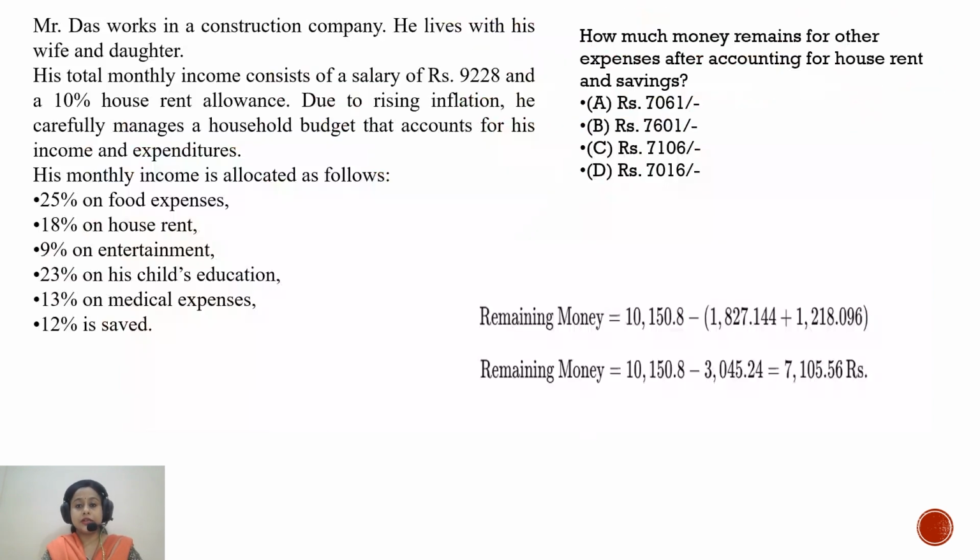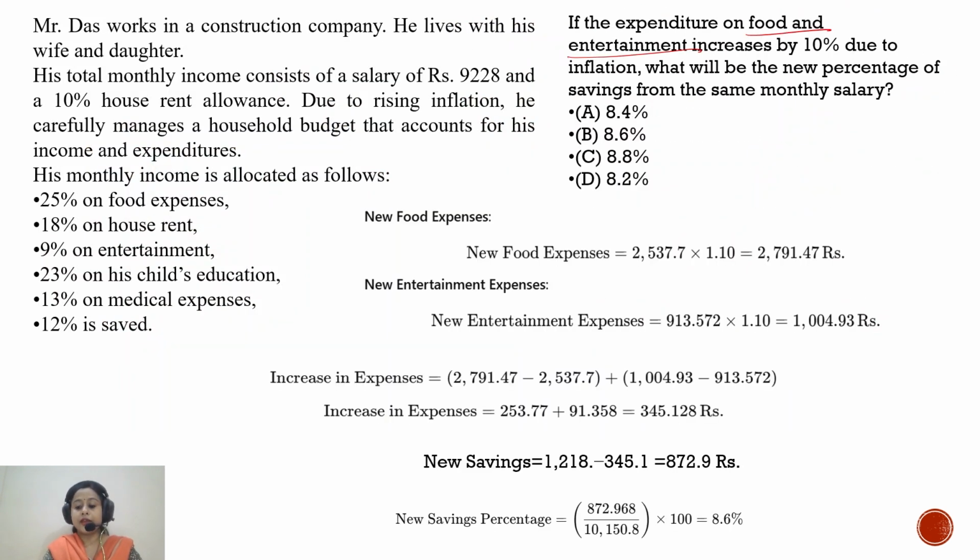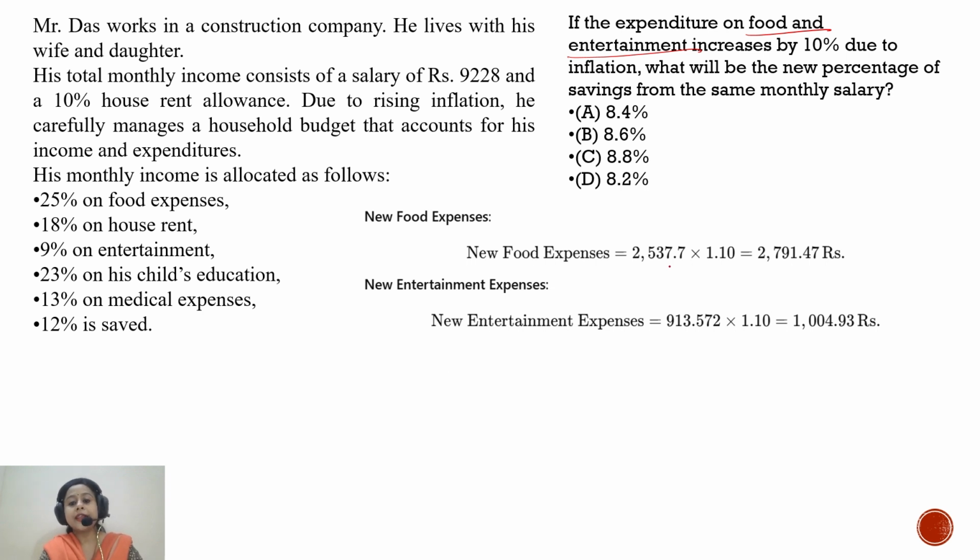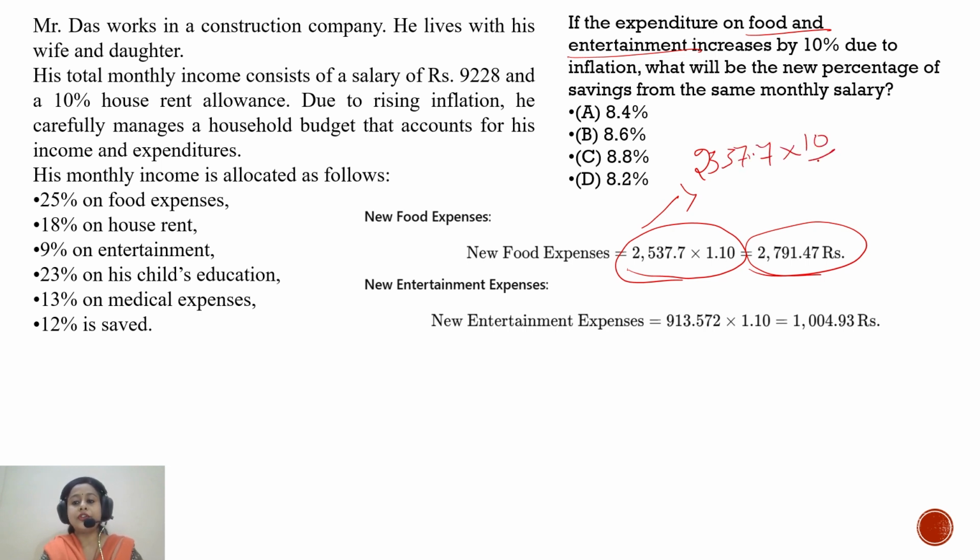So we will collect this information here, and from this we will get the 10% increase in food expenses. We take 2537.7, and 10% of this will give you the increase amount.